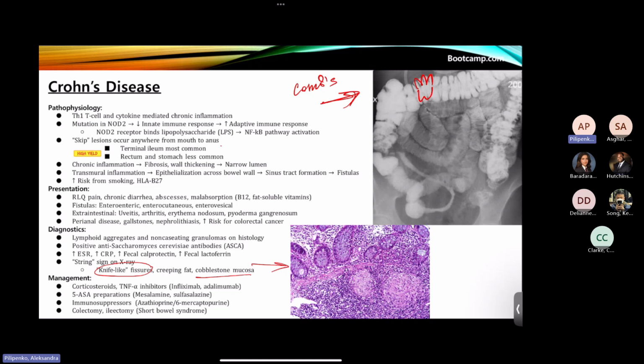And the location is how you distinguish ulcerative colitis from Crohn's, not only by radiology but also by location. Terminal ileum is most common for Crohn's disease, while rectum and stomach would most likely be spared.